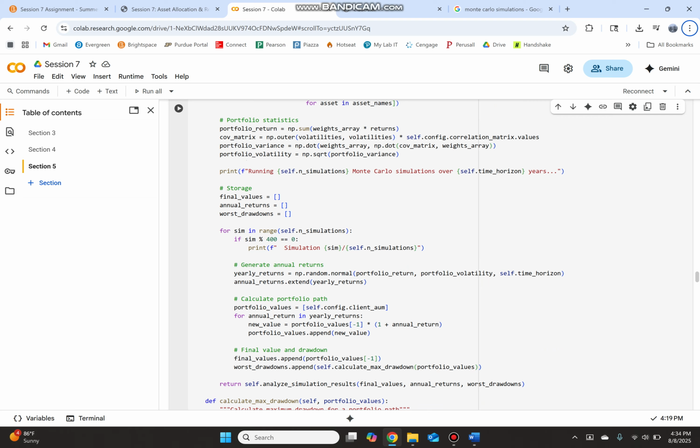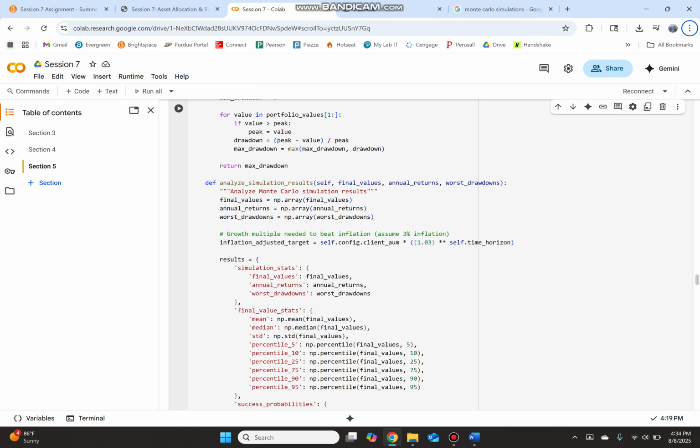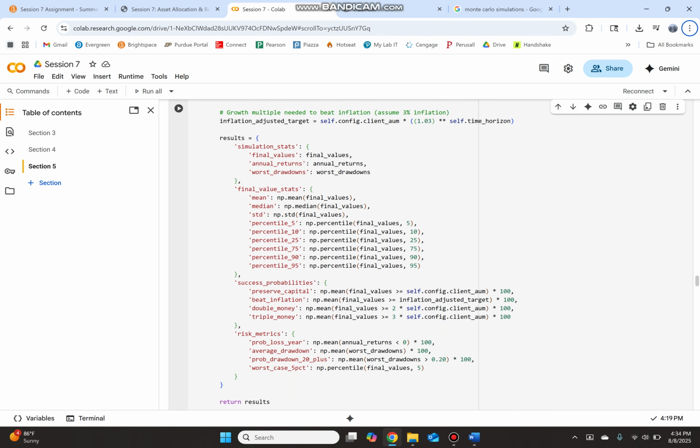Max drawdown, basically this calls back all these functions. Max drawdown right here, annualized simulation results for the 2,000. Gives us a lot of our basic stats, final values, we just talked about that, our real basic summary statistics, and then our actual implementation statistics and probabilities of what we actually want to do with this.